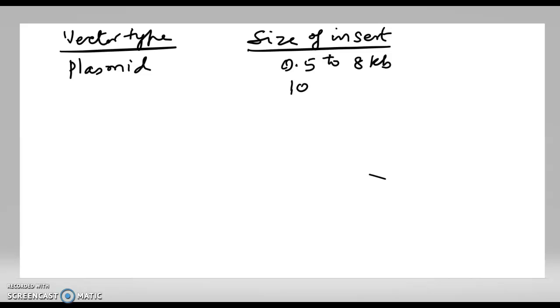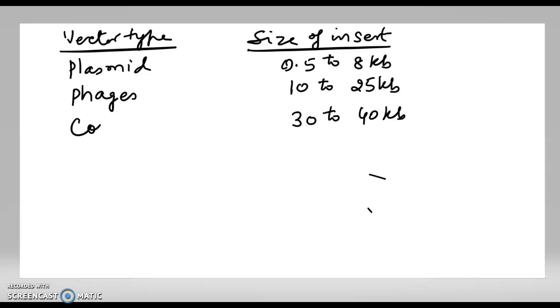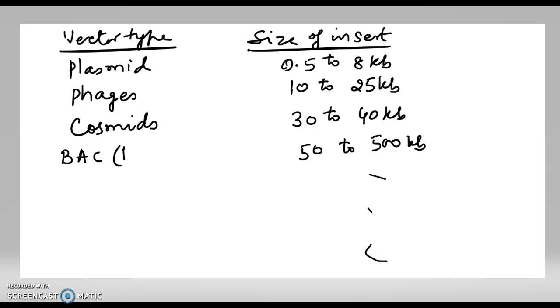When size is from 10 to 25 kb, phages are used as vectors. Next, if size of insert is 30 to 40 kilobase pair, then cosmids are used as vectors. If size is between 50 to 500 kilobase pair, then BAC, that is bacterial artificial chromosome, is used as vector.